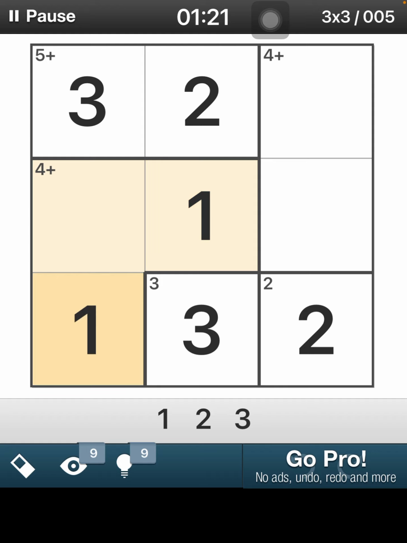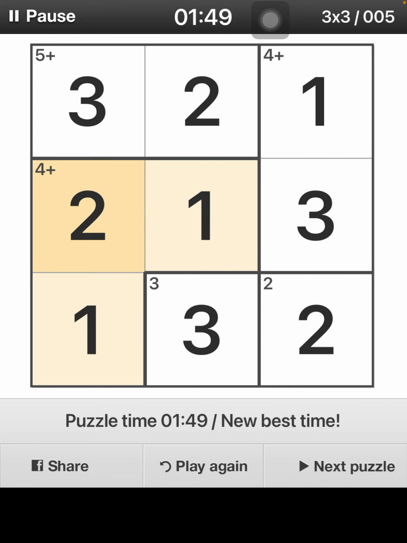Same with this, 2, 3, and this, 2, 3. So, looking at this, the total is 4. I have 1 and 1. 4 minus 2 is 2. And our last number, 3. 1, 2, 3.